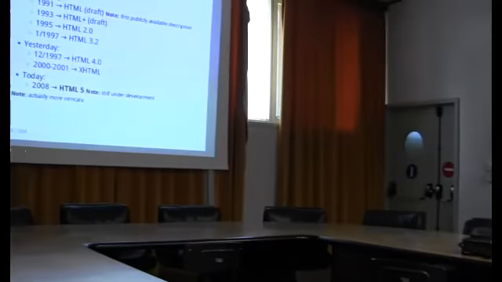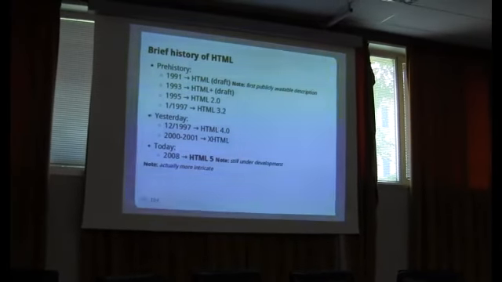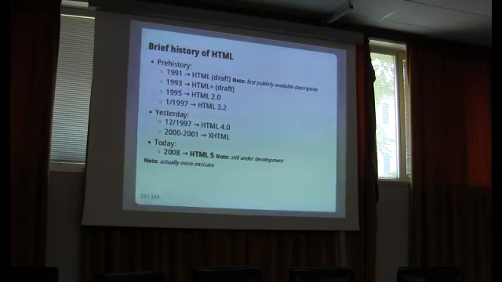The description of HTML as a standard, as a set of rules, is dated 1991, and in this year the first draft of the HTML specification was available. Then in the prehistory of HTML, we had a number of successive versions of the specification till HTML 3.2 at the beginning of 1997.